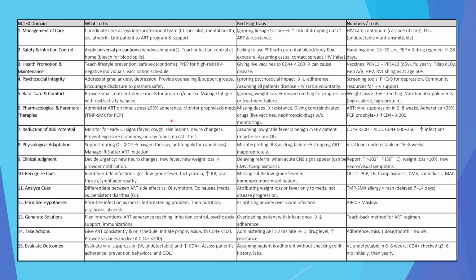Then you see, monitor prophylaxis meds, missing doses, giving a contraindicated live vaccine again. I was talking in the outline about the vaccines that they can take and not take. Reduce risk: monitor for early opportunistic infection signs, fever, cough, skin lesions, neuro changes.